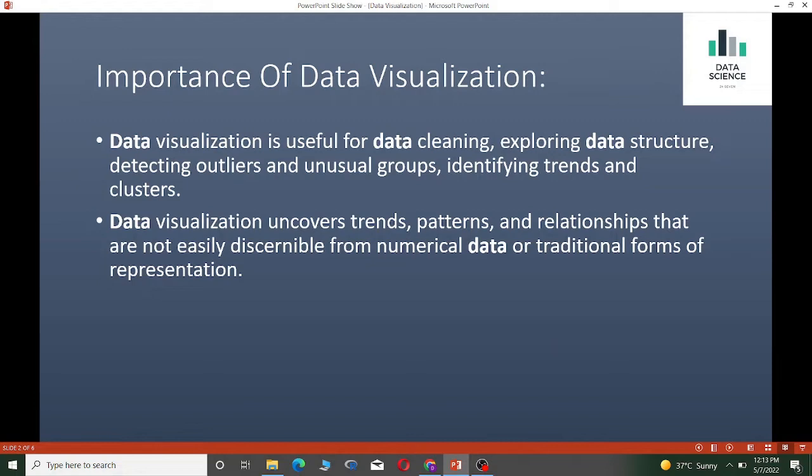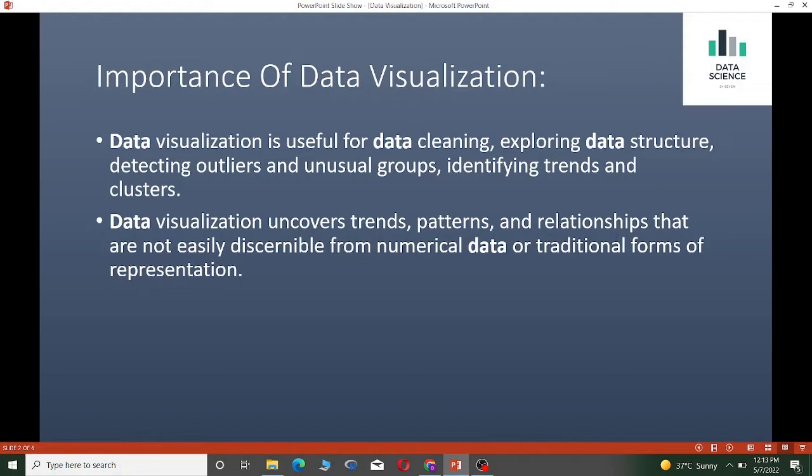First of all, it has a vital role in the field of data science, because right after the step of data collection, data visualization comes in. Why does it come in?